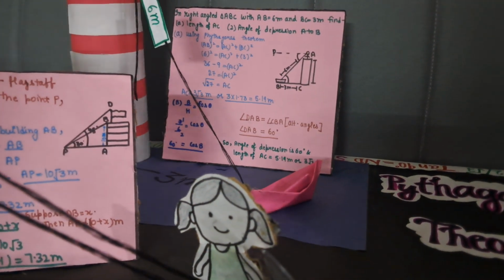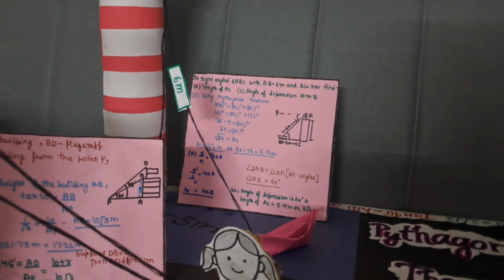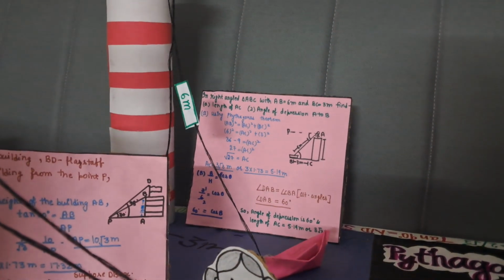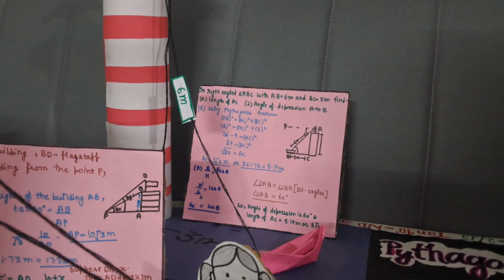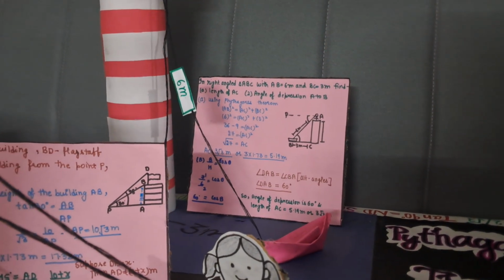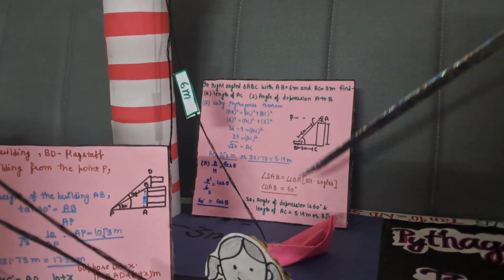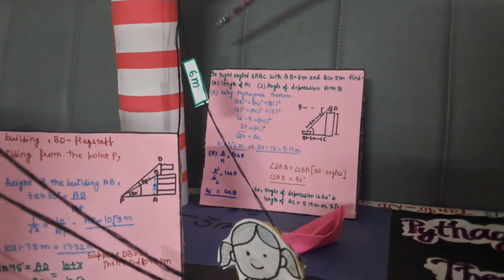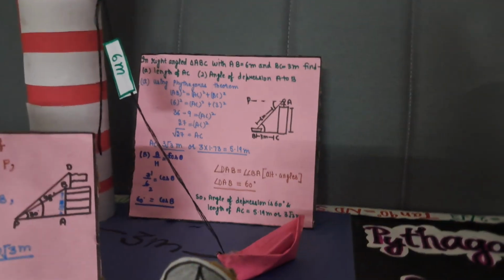Now we have to find the height of the tower. We do not need to apply a trigonometric ratio here, because this is a right triangle and two sides are given, the hypotenuse and the perpendicular. So we can find the height of the tower by using the Pythagoras theorem.